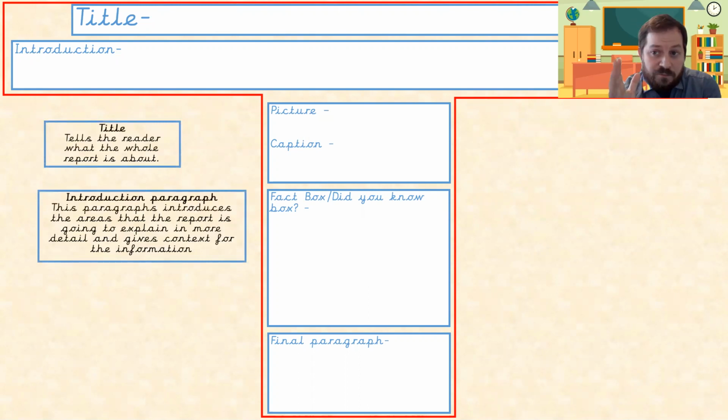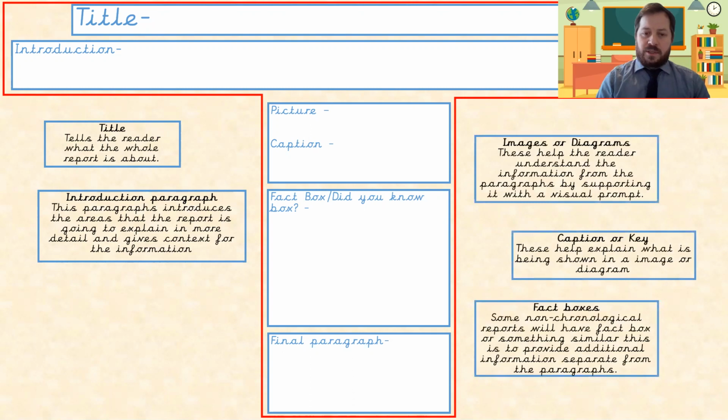The title tells the reader what the whole report is about. The introduction paragraph explains what things are going to be discussed. So the reason we plan the information paragraphs first is because that helps us write our introduction, which introduces the subject and links to what those paragraphs are going to talk about.